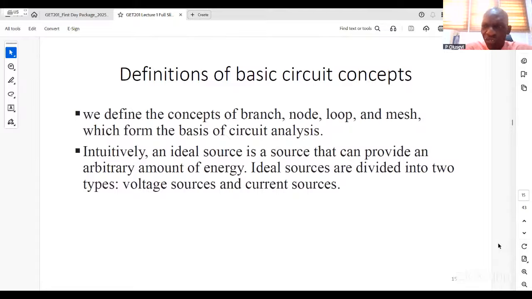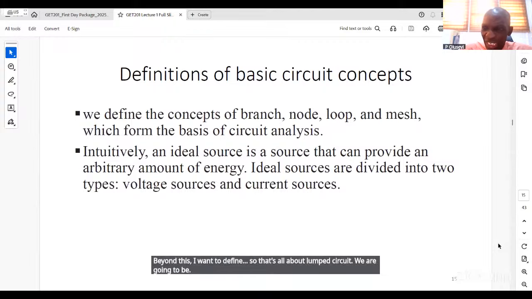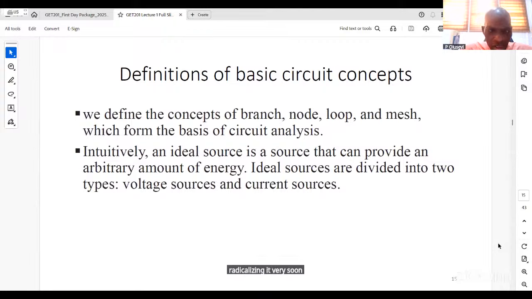So that's all about lumped circuit. We are going to be practicalizing it very soon, putting our hands on it. But before then, let me define some basic circuit concepts that you need to know, such as branch, node, loop, mesh. What do these things mean?